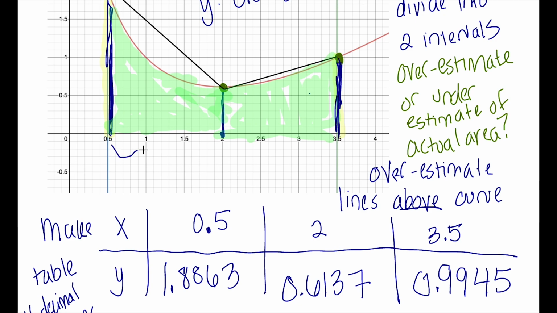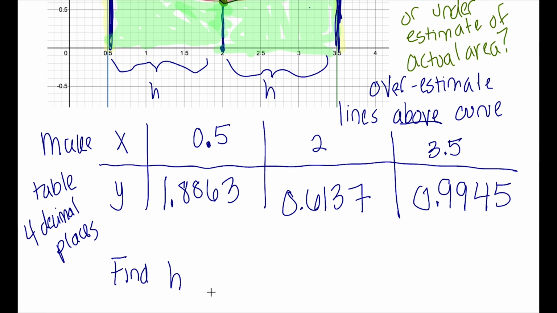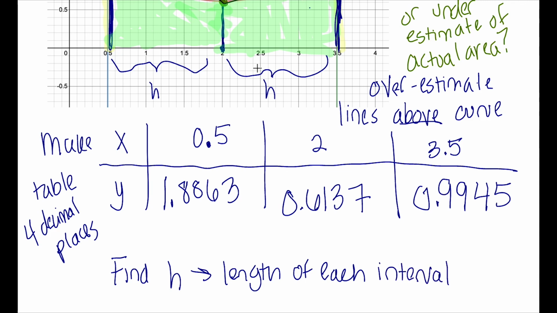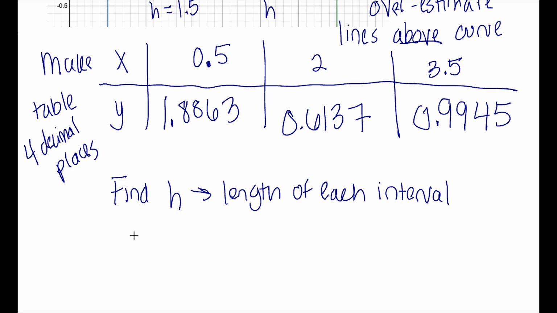So h is the distance or the length of each interval. In order to get from 0.5 to 2, I have to travel 1.5 units, so that will be my h.